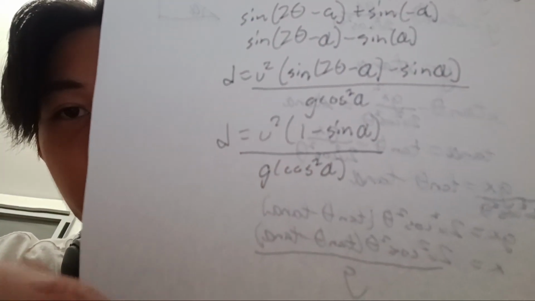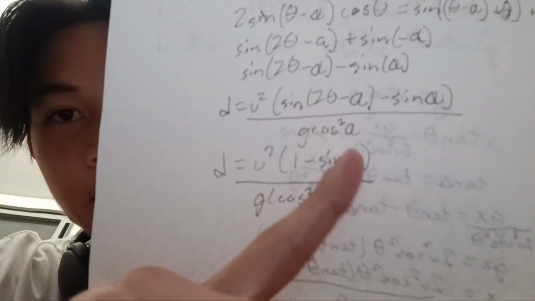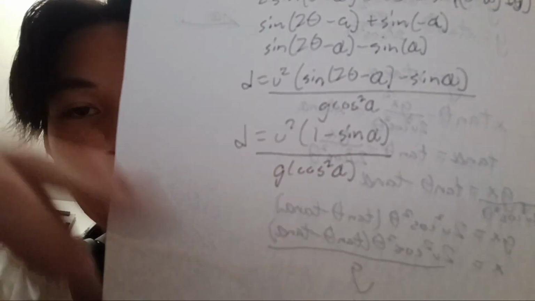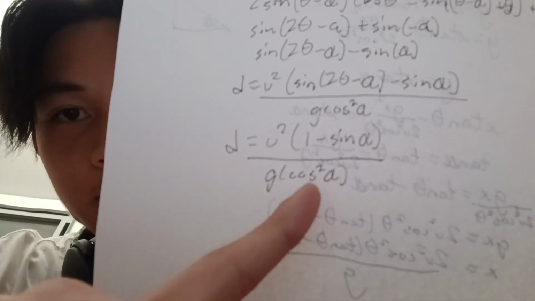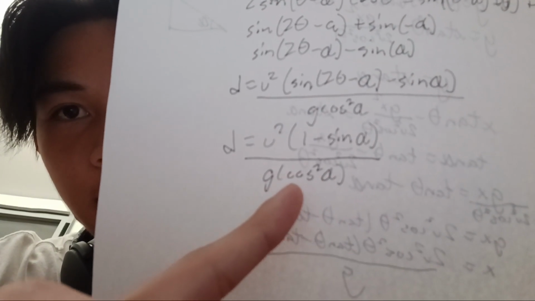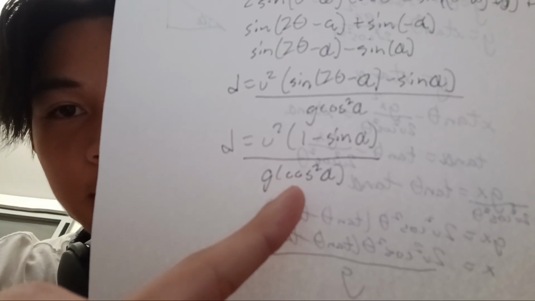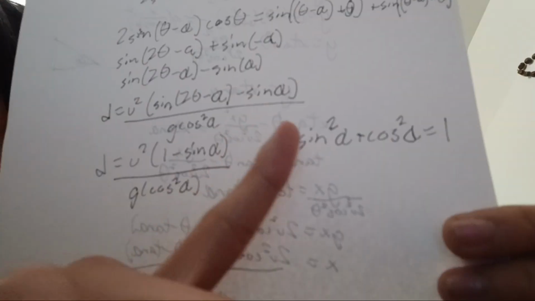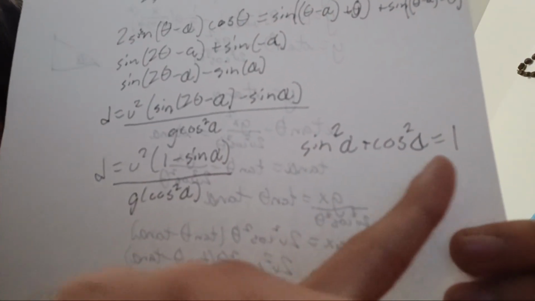And then from here, we need a way to get rid of this in order to get the function that we need. Well, this is perfect because there's an identity. The identity is sine squared alpha plus cosine squared alpha equals 1.